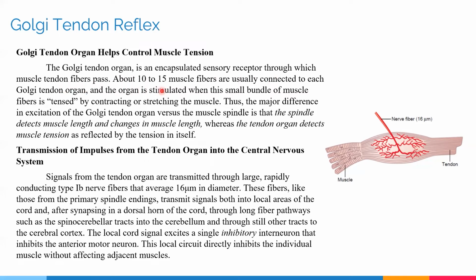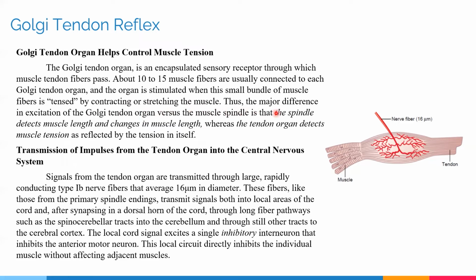About 10 to 15 muscle fibers are usually connected to each Golgi tendon organ, and the organ is stimulated when this small bundle of muscle fibers is tensed by contracting or stretching the muscle.